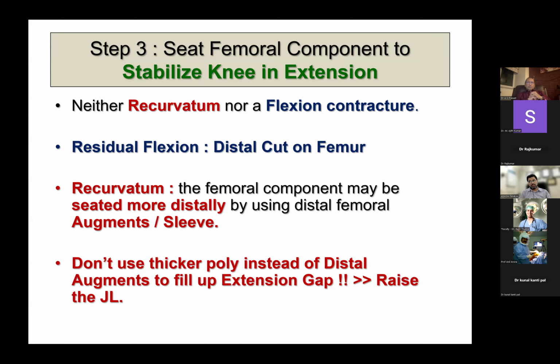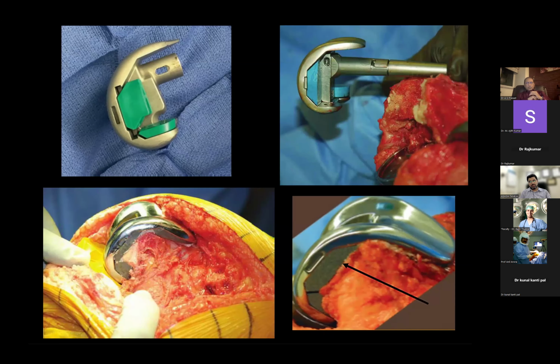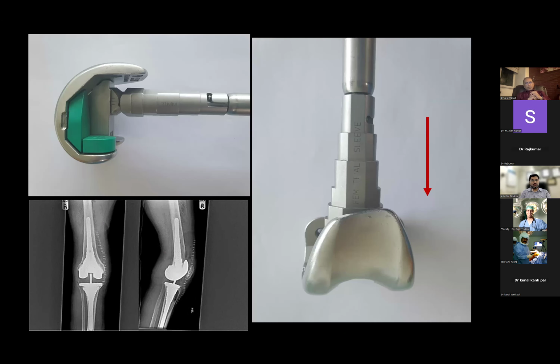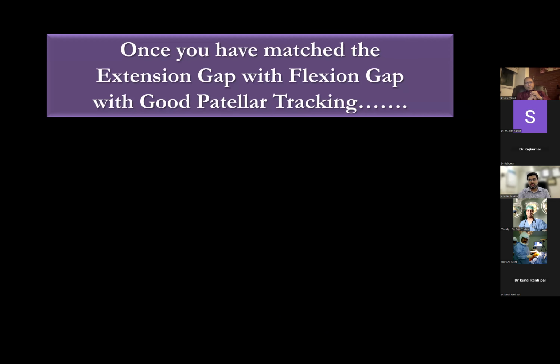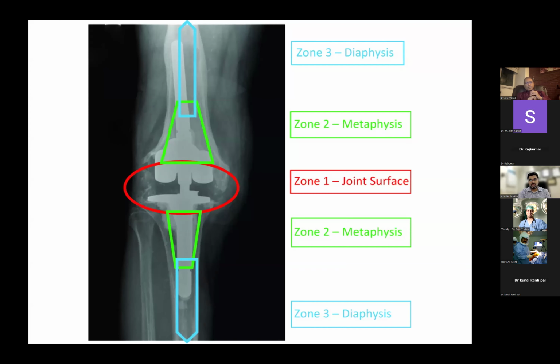If you do so, again, you will raise the joint line. If there's recurvatum, then you can distalize the femur by using augments or a sleeve, or if you're using a sleeve, a larger sleeve. So once you have matched the extension gap with the flexion gap with good patellar tracking, you are through with the basic steps.